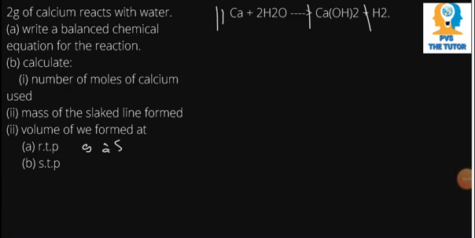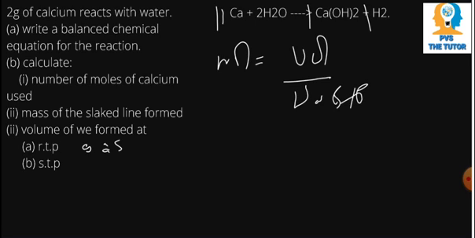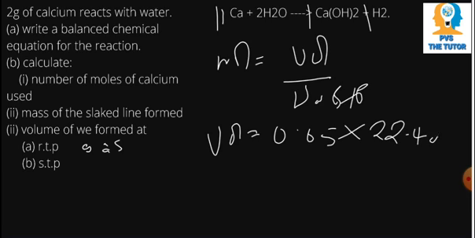B says at STP, since we already know the number of moles of hydrogen, we know that moles is equal to volume over volume at STP. It can be STP or RTP. So volume will be equal to number of moles, that is 0.05, times volume at STP, that is 22.4 decimeter cubed.